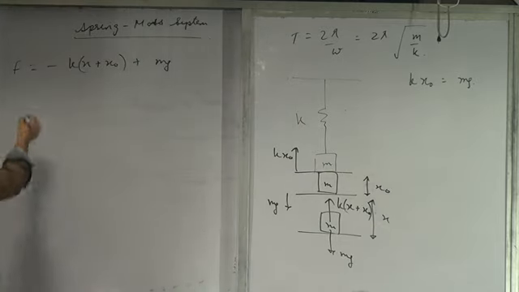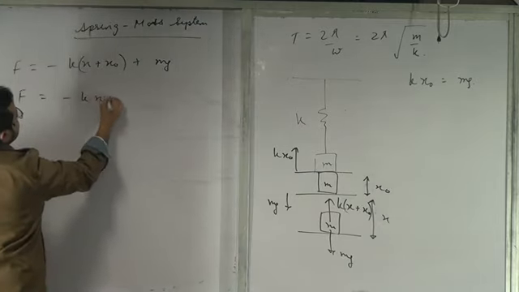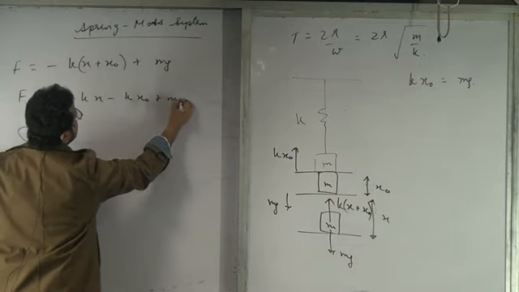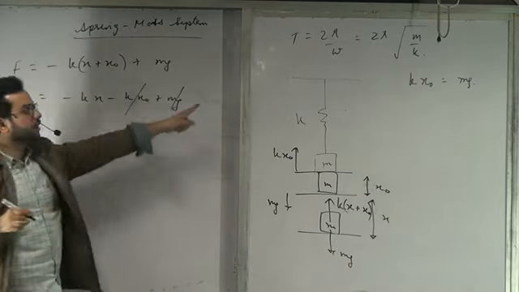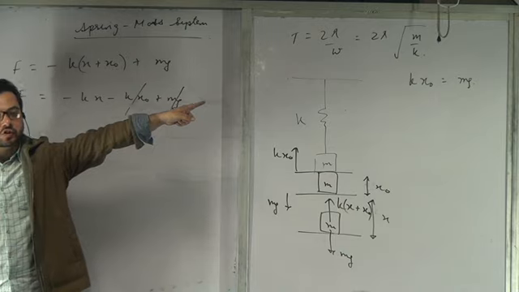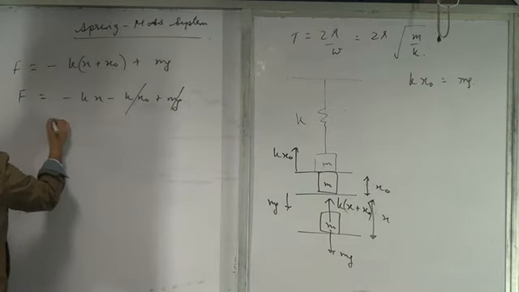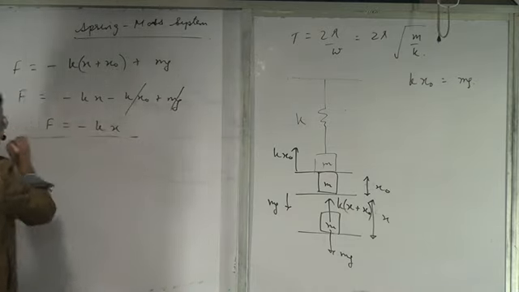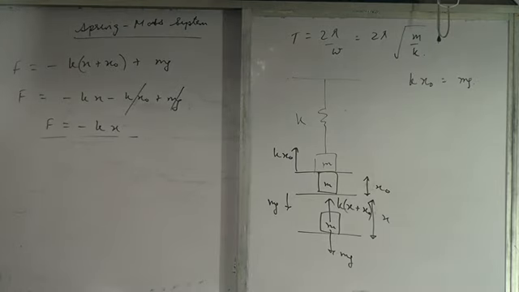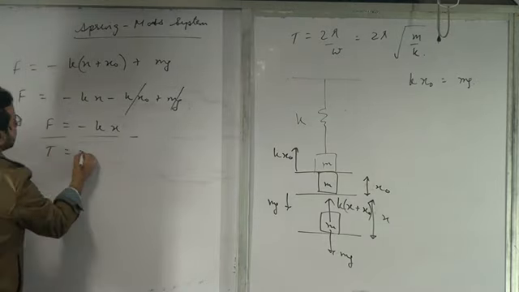Is that correct? So this will be F is equal to minus kx minus kx naught plus mg. This cancels out from the equilibrium position equation. So what do I get? I get F is equal to minus kx. Again, the net restoring force is minus kx. So the time period will still come out to be what?